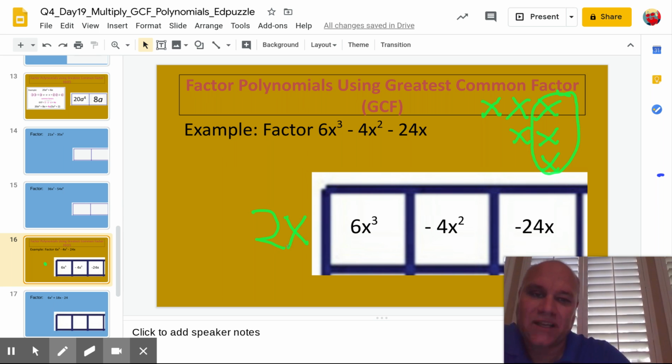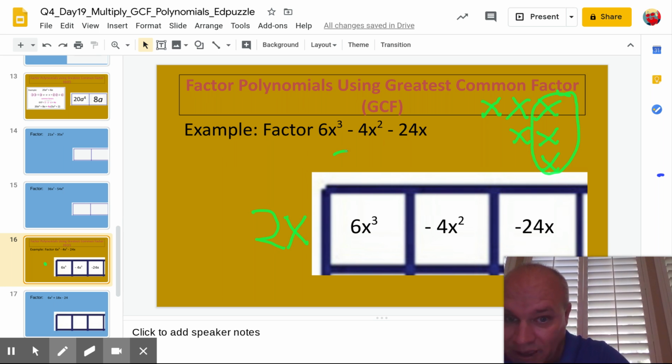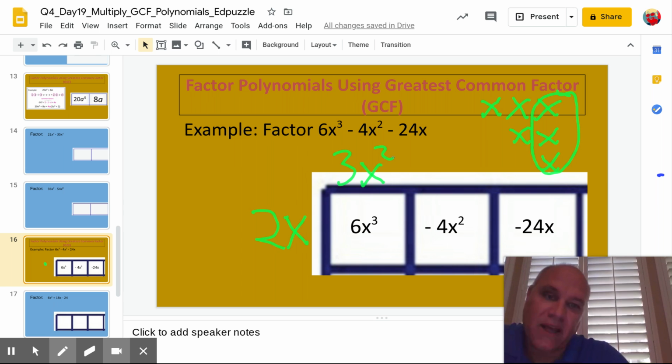2x times what gets you 6x to the third? Well, 2 times 3 is 6. X times x squared gets me that. 2x times what gets you negative 4x squared? Negative 2x. And then 2x times what gets you negative 24x? Isn't that negative 12?